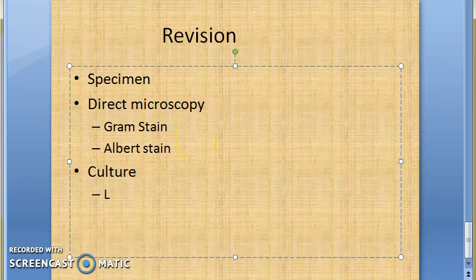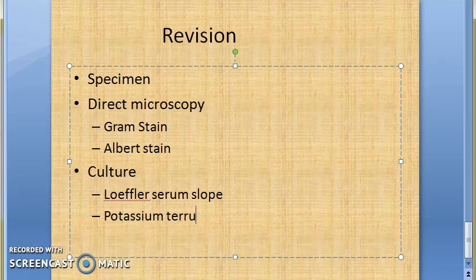Very specific, you should write Loeffler serum slope. You should learn the spelling. Loeffler serum slope and potassium tellurite. You have to draw the diagrams of all these: potassium tellurite, Loeffler serum slope, Albert stain, gram stain.